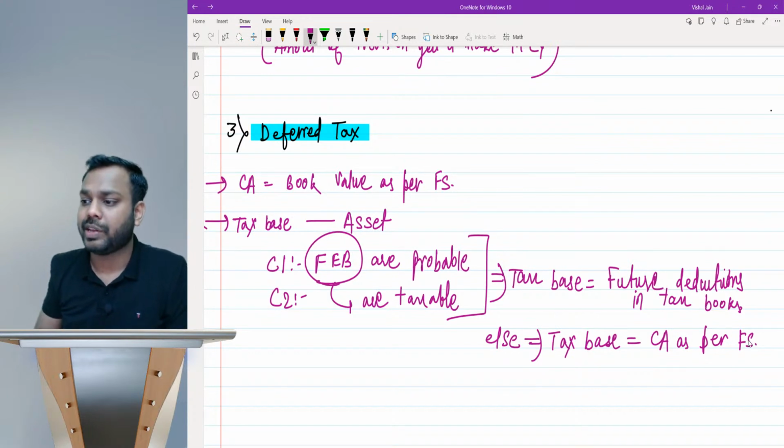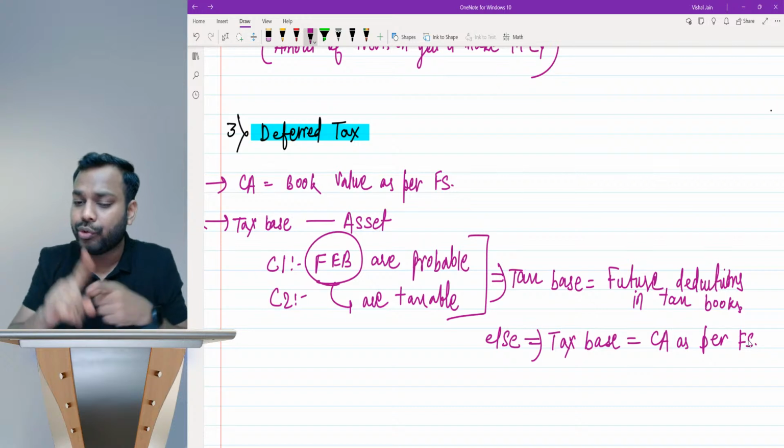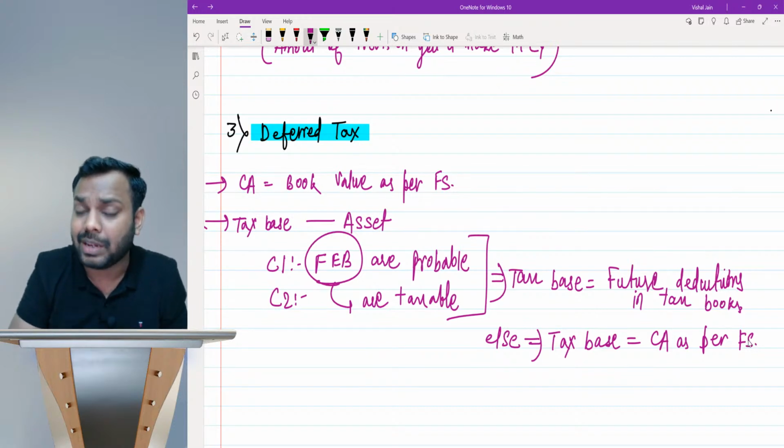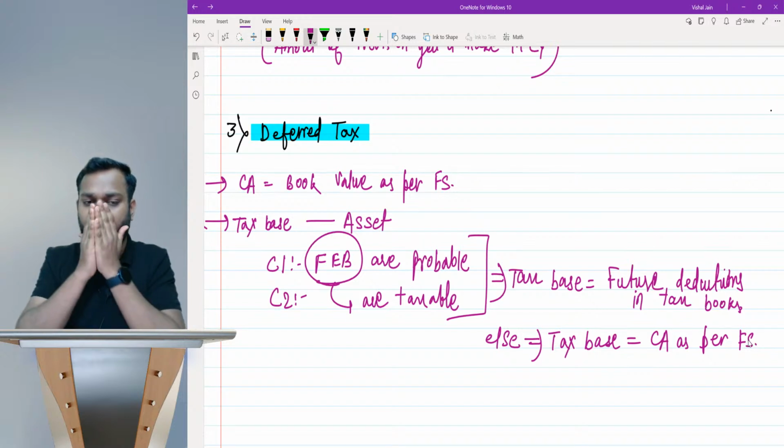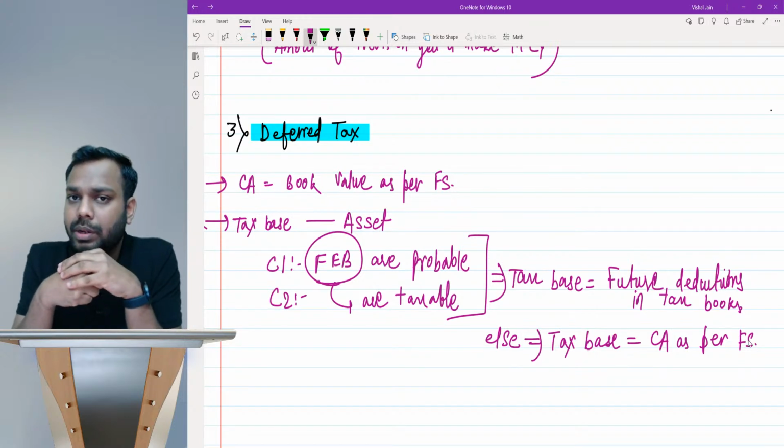Jisan, Saksham, Vidisha, please tell me, do you agree with me? Future deductions of plant and machinery is nothing but the written down value. Please tell me, guys, is it clear?